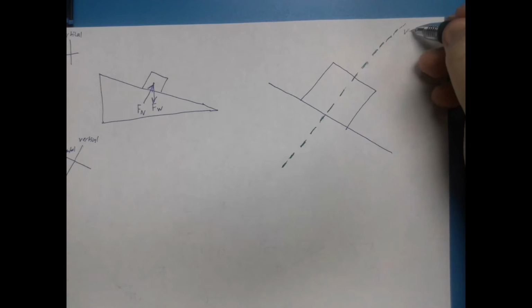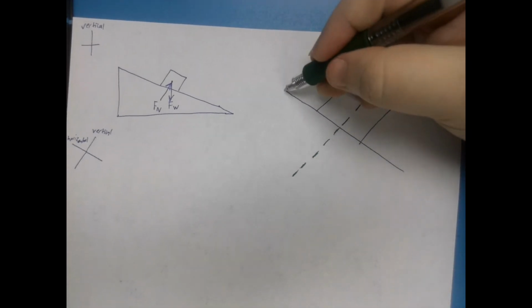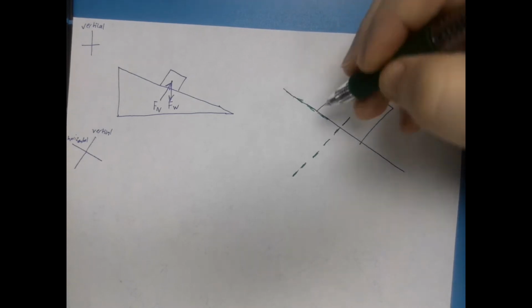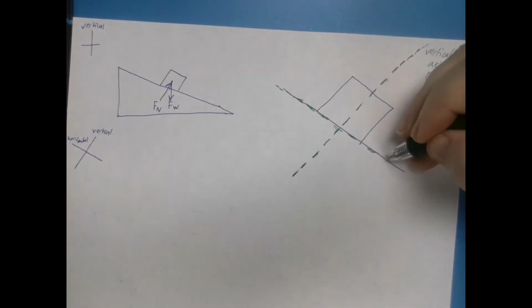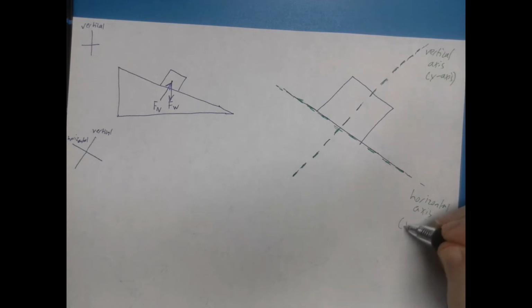So this is my vertical axis, my y-axis, and then I'm going to put my x-axis to be like this. So this is going to be my horizontal axis, or my x-axis.